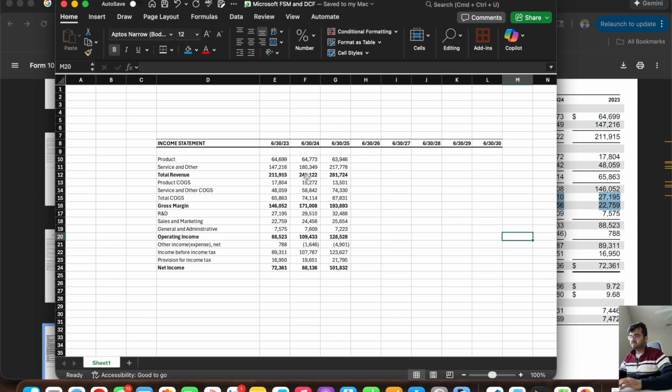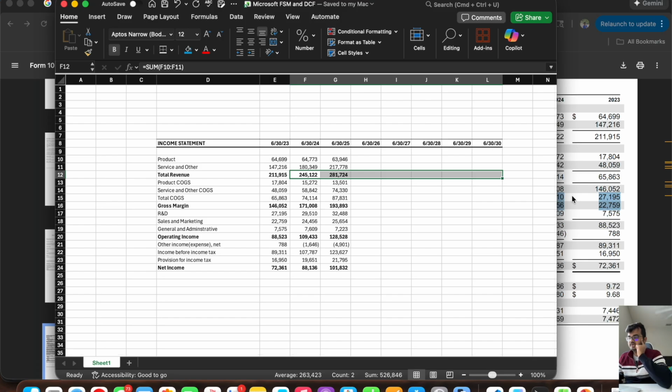For that, the first line item is total revenue. To figure out the total revenue, there are multiple websites where analysts who breathe in and breathe out the financial world try to analyze and estimate the future revenue for each and every year.